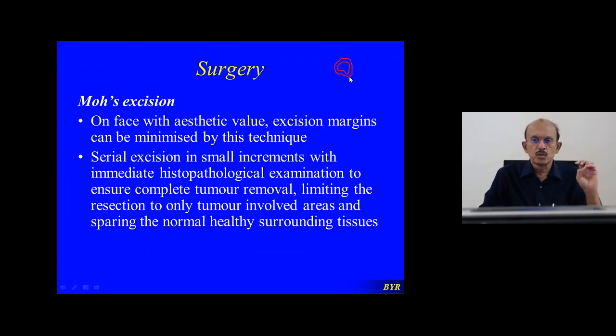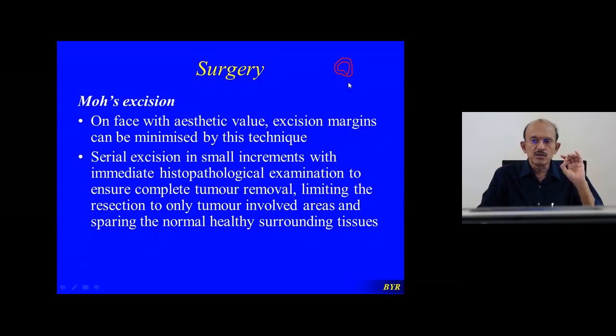If there are no tumor cells, both laterally and depth-wise, then they will send the report that the excised specimen margins are completely tumor-free. Then you can stop the excision there.